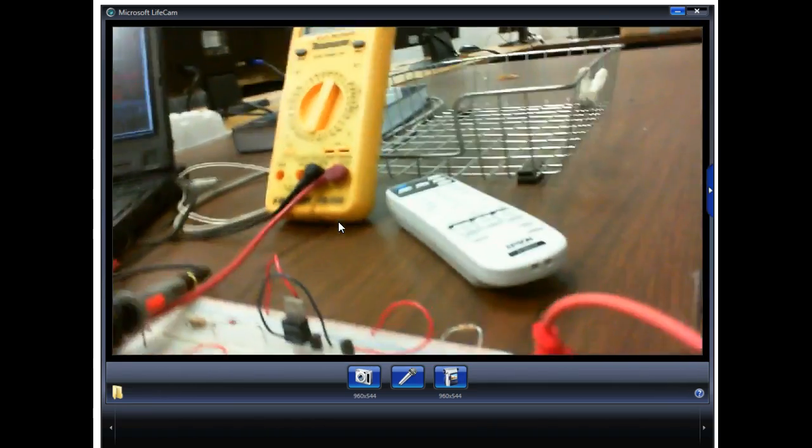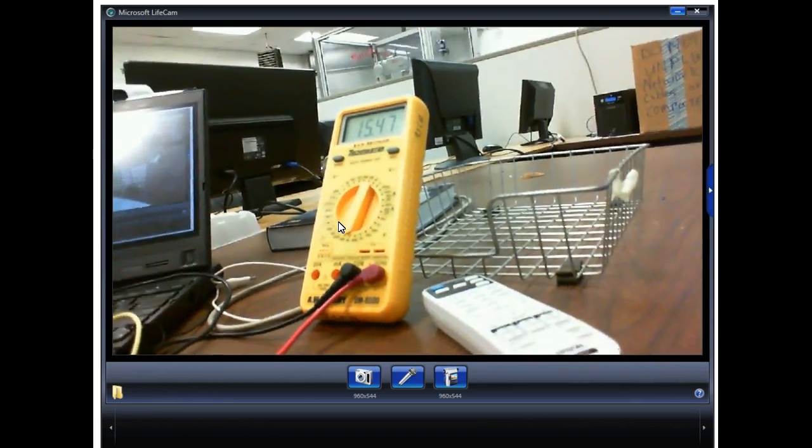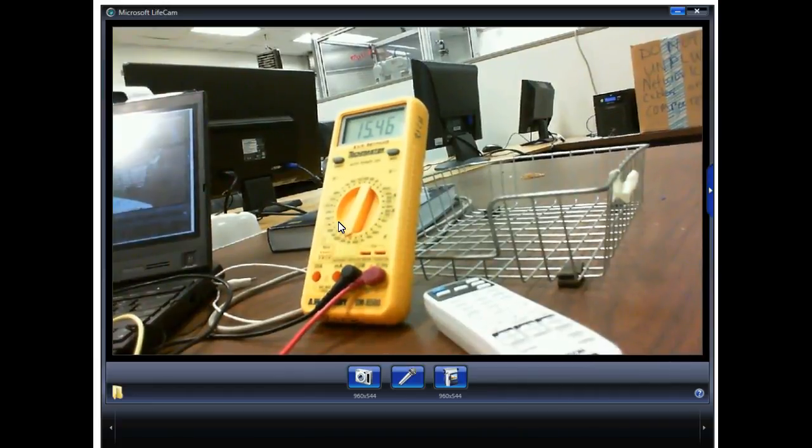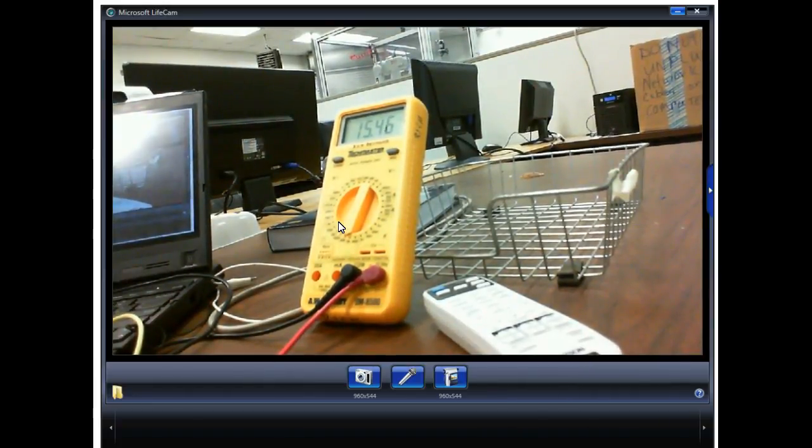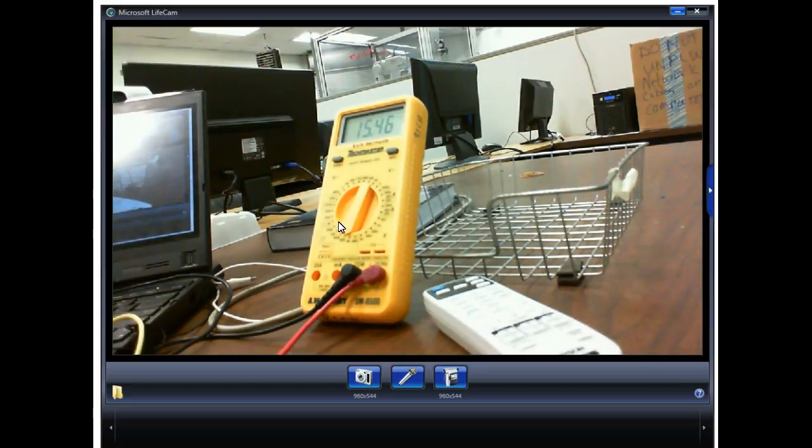So we're going to put it back up on our meter, and it's measuring 15.5K. Not too bad, right? We calculated 13.2, measuring 15.5. So now we can calculate our gain.